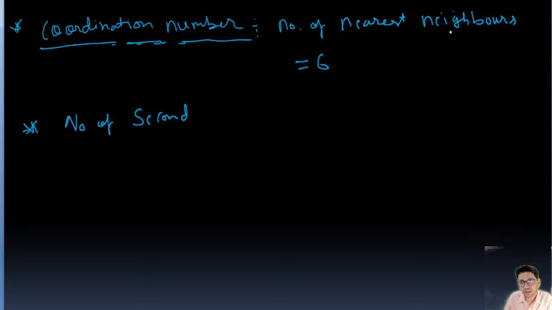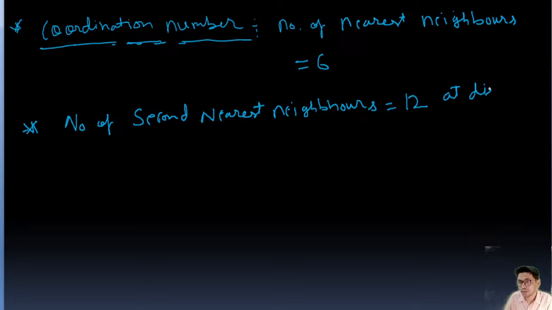These are the number of first nearest neighbors, and now the number of second nearest neighbors is 12 for SC, simple cubic, at a distance of root 2a, guys, where a is the side of the cube.